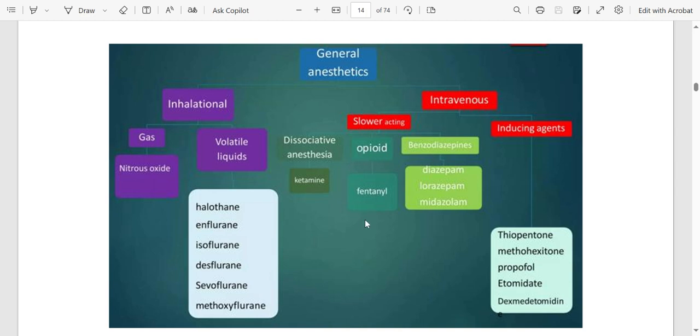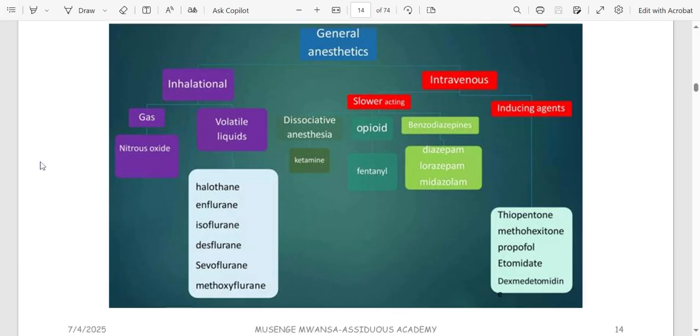You just find someone is dead, they are abusing fentanyl. And then the benzodiazepines. The way you recognize them is that they have got a Z in them. So I've got diazepam, lorazepam, midazolam. These drugs are also used in conditions like seizures and epilepsy. So this is the class of the drugs.